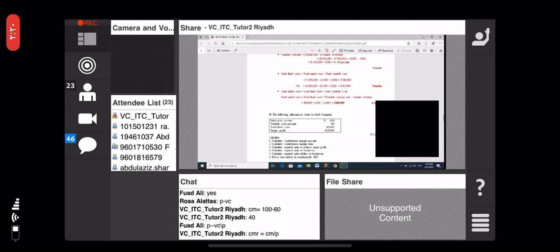Clear? So 40 divided by 100. So contribution margin ratio will be 40%. Clear?